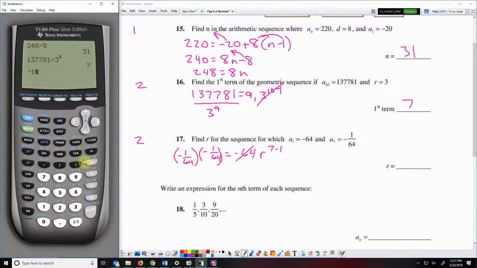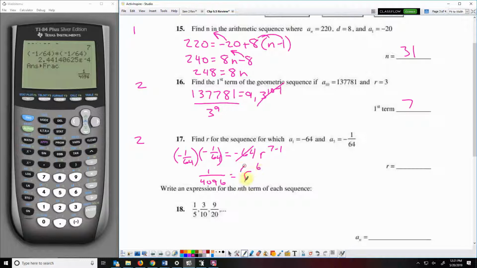So negative 1/64. Should put that in parentheses. Negative 1/64 times negative 1/64, 1/4096 equals R to the 6th power.